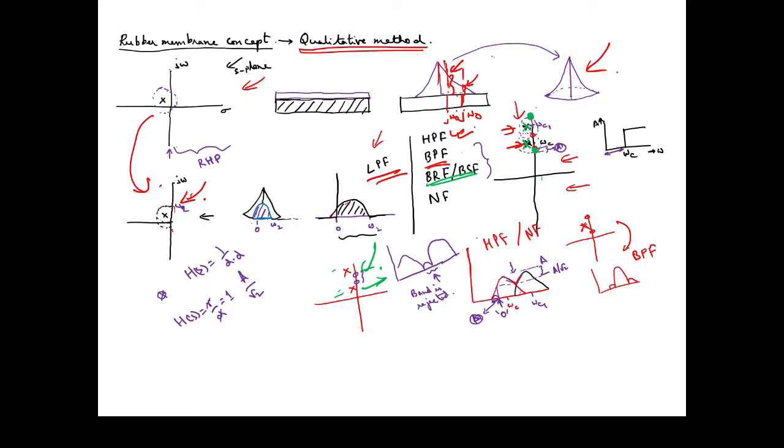Okay, then notch filter. Same thing, a notch filter means single frequency suppression. So only one 0 where you want to suppress the noise.